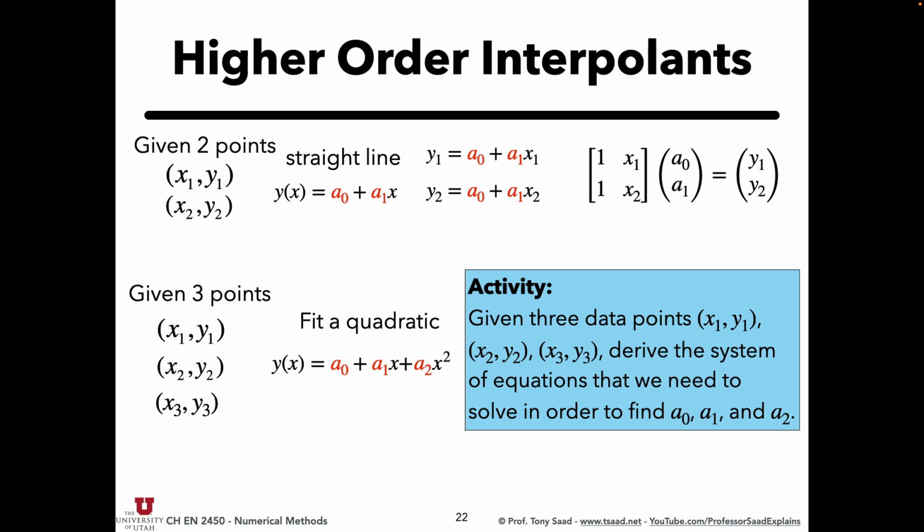Now we have 3 points. We have 3 unknowns, 1 quadratic. Pass it through each one of those points. You have 3 unknowns. You need 3 equations. You have those 3 points, right? Just write down the 3 equations. Oh, you also wrote it in matrix form. Don't write it in matrix form. If you wrote it, that's okay.